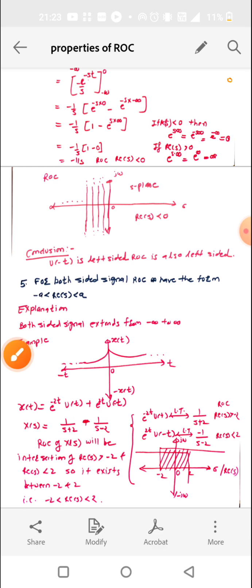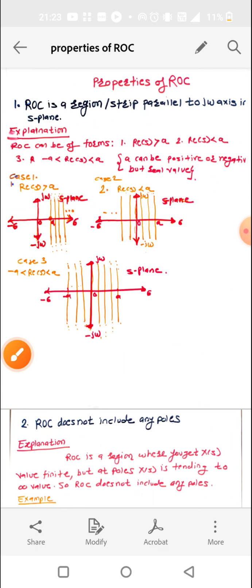Okay, so these are the properties of ROC. I have tried to include examples instead of just listing the properties, and tried to explain with the examples. I hope you have all understood this.